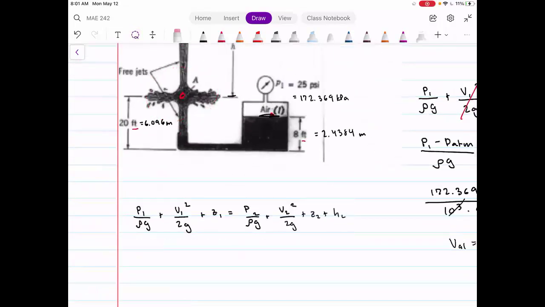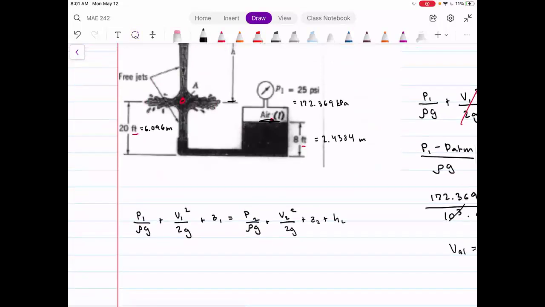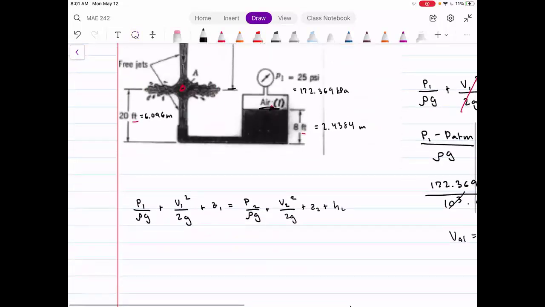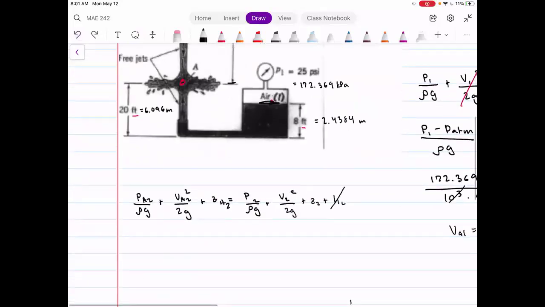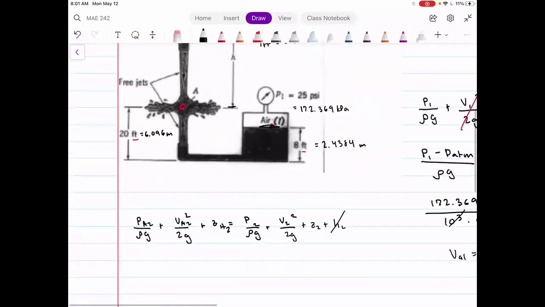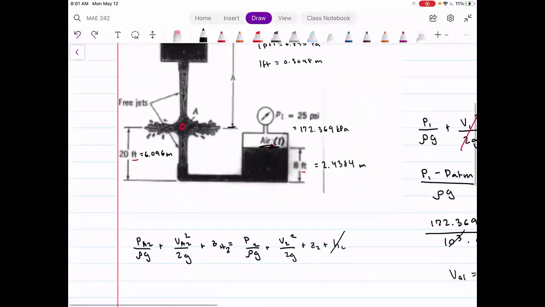So similar process here. Let's start by simplifying the equation. And instead of P1, we're actually going to be dealing with, again, PA2, right? This time we're talking about that stagnation point with streamline 2 right here. And again, we don't have head loss in this equation. And then the right side is going to describe this point right here at the top of tank 2.